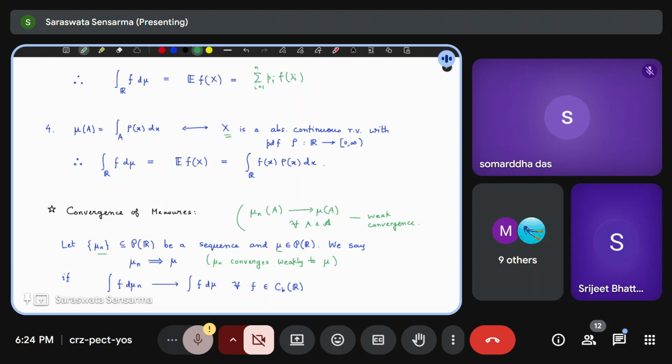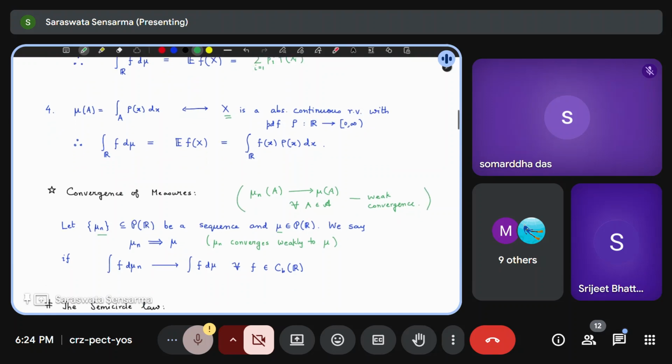And an alternate form of writing this is simply saying that all of these integrals converge. Okay.